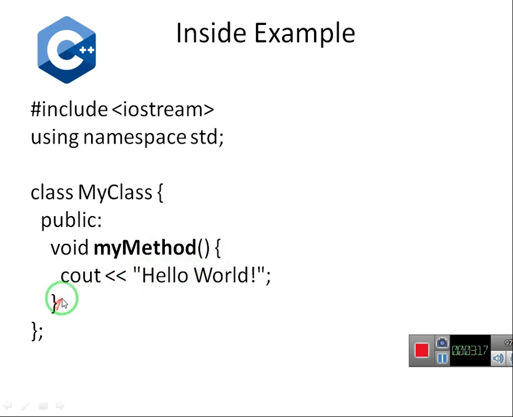This is the closing bracket of the method body, and this is the closing bracket of the class. Here to here is the method and from here to here is the class definition. Clear? So here in the class we discussed my method inside the class.